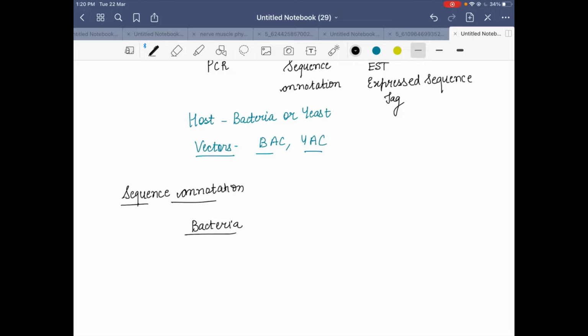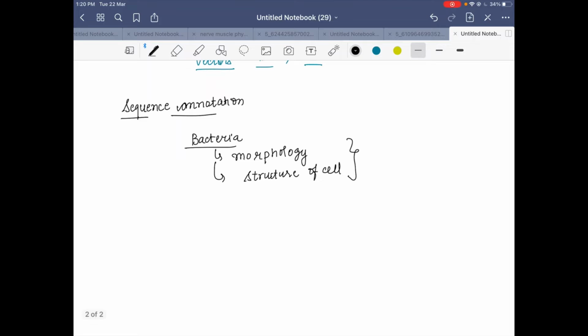If it is a new species of bacteria, what we will try to learn about this species are the features like the morphology, structure of cell. For knowing this feature we have to extract the DNA of that bacteria.